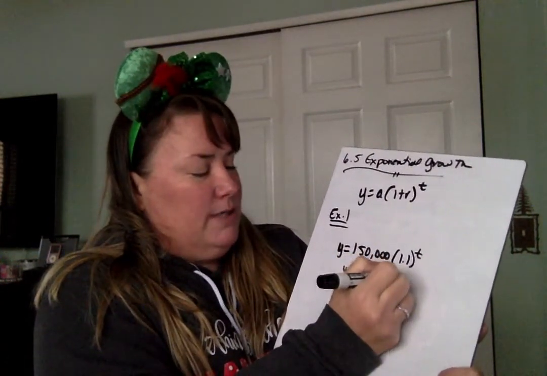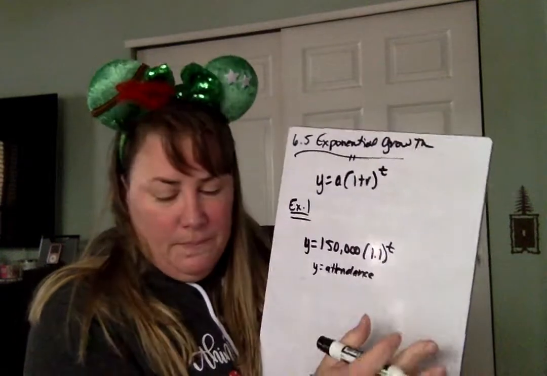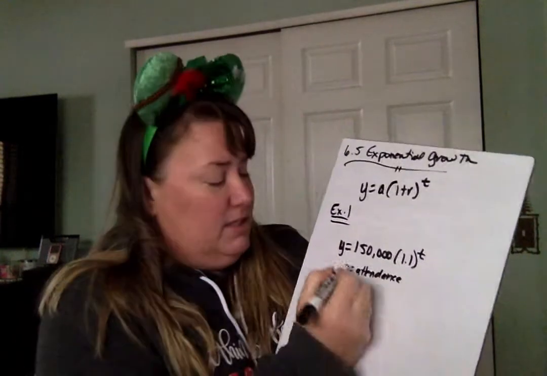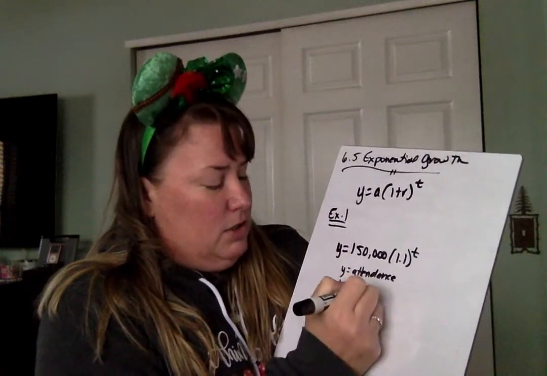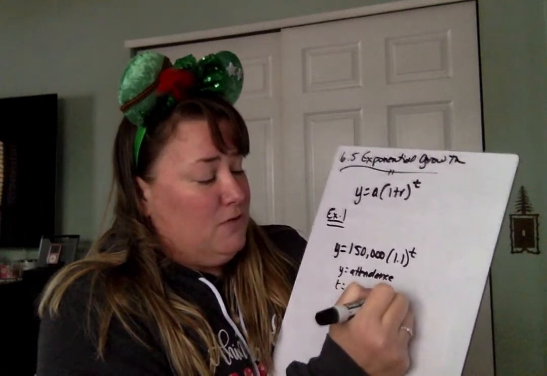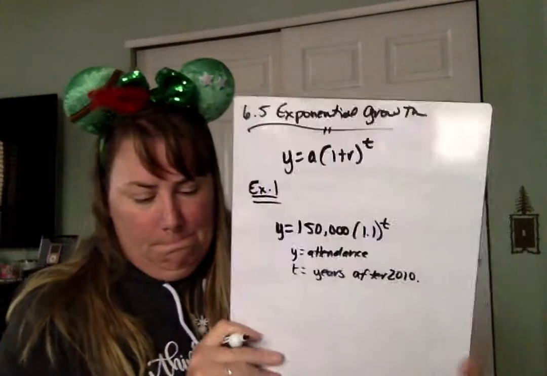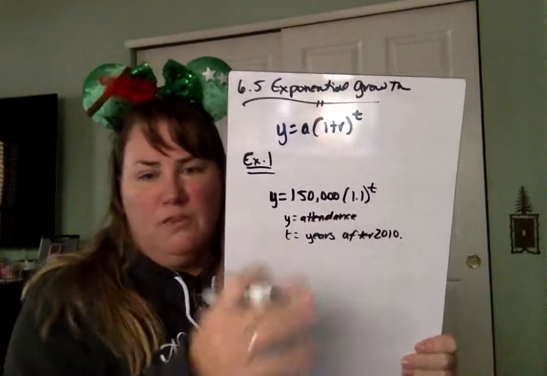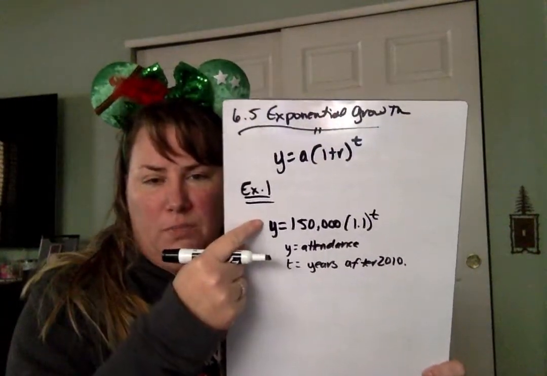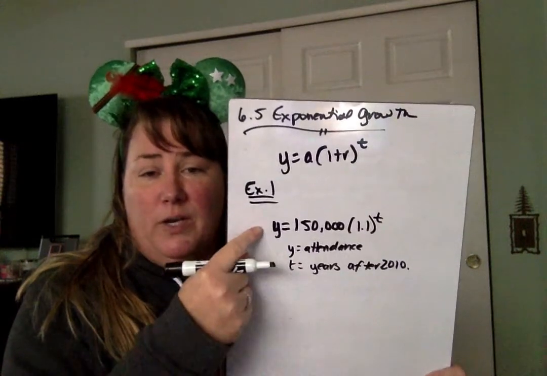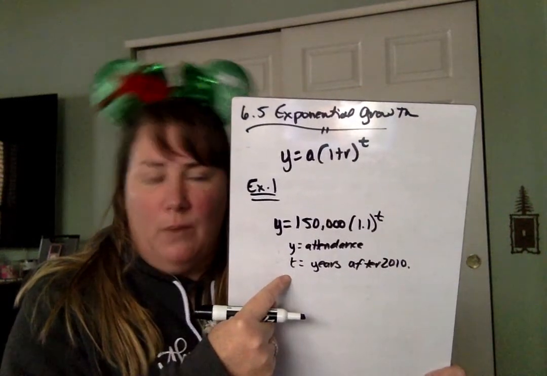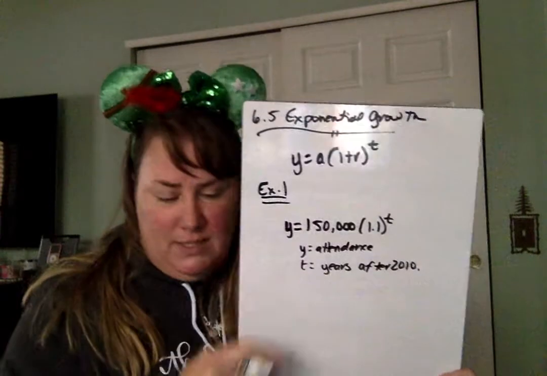Remember, I always write down any information that's given to me. And then T is years after 2010. Here's the function. Y we know is the attendance, and T is going to be the years after 2010.